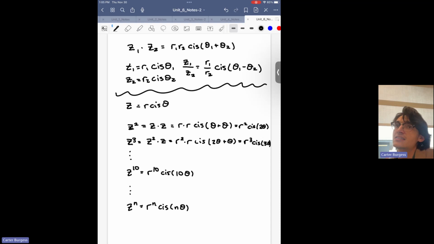We're going to use that fact at the end of today in order to work out a couple of interesting problems. But just noting that, in fact, this is true for all values of n. No matter what power we are raising this to, positive, negative, fraction, whatever, this is going to be true.